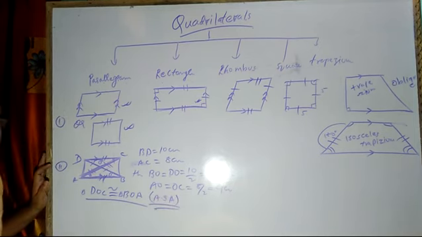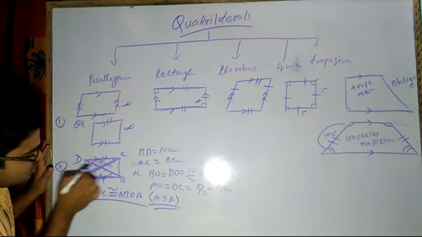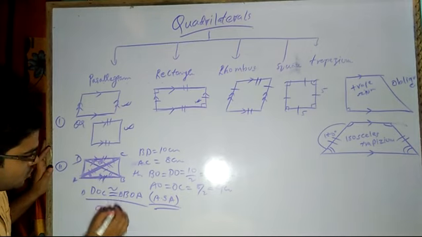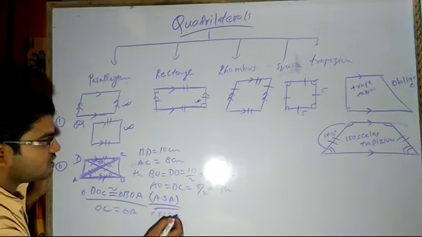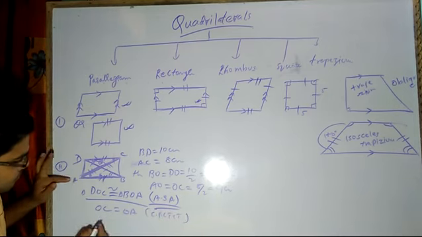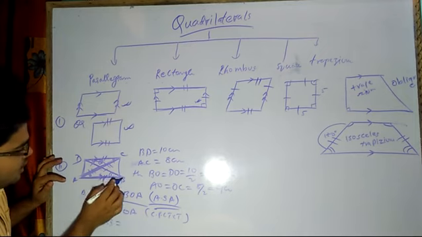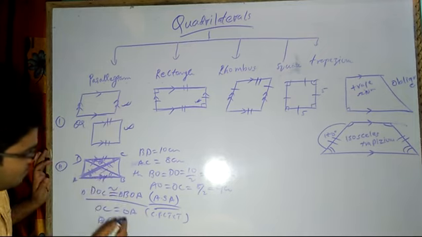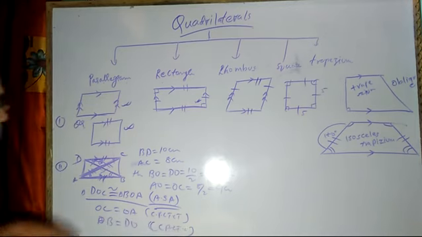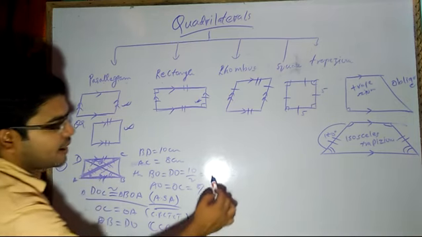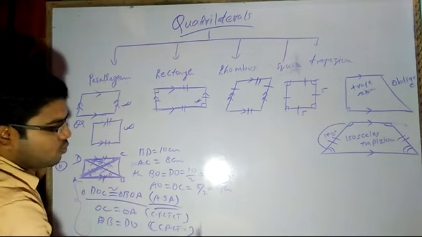If this condition is fulfilled and these two triangles are congruent, then definitely the side opposite to this angle, that means OC, will be equal to OA by CPCT. Similarly, OB will be equal to DO by CPCT, correct? So in this way we can say that these two diagonals are bisected. This is what I have shown you, and this is how I have explained the proof of this.